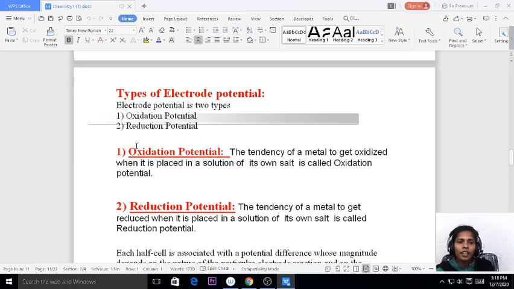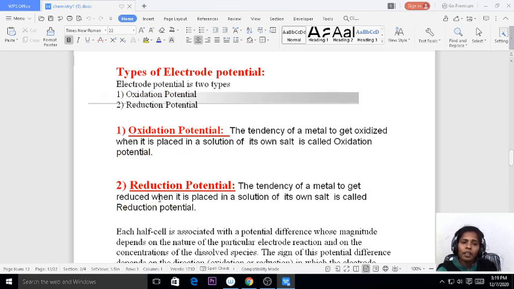So let us see the definition of oxidation potential and reduction potential. The tendency of a metal to get oxidized when it is placed in a solution of its own salt is called the oxidation potential. So in oxidation potential, the metal has the tendency or ability to lose electrons.